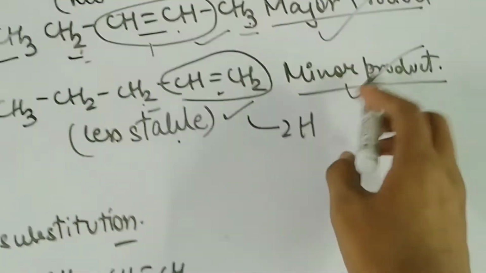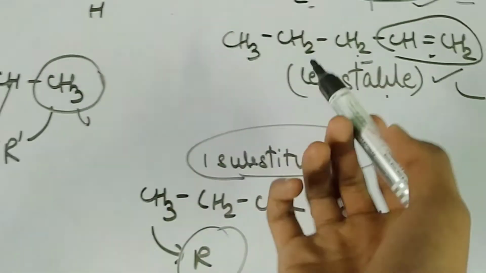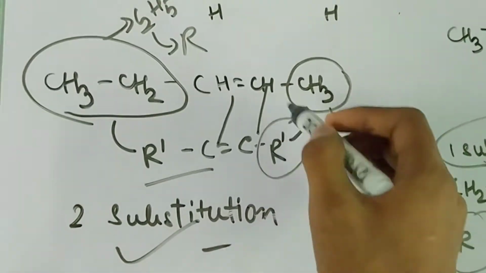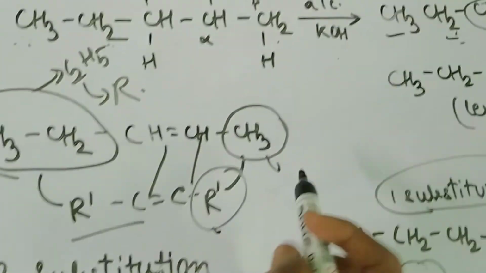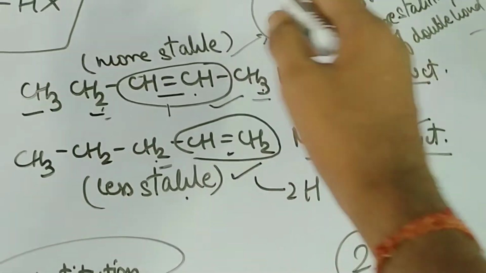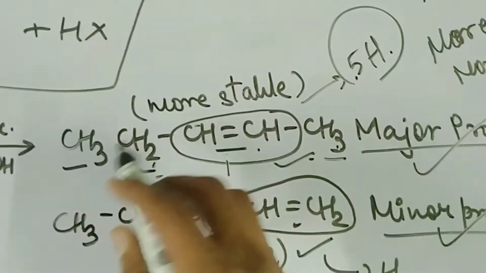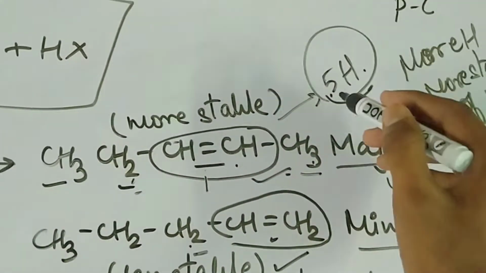In the minor product we get only 1 R present, so it is monosubstituted. More alkyl groups present, more R present, more stable. So I gave 2 reasons why it is the major product and why it is stable. One is circling the double bond and seeing how many hydrogens are present around it.